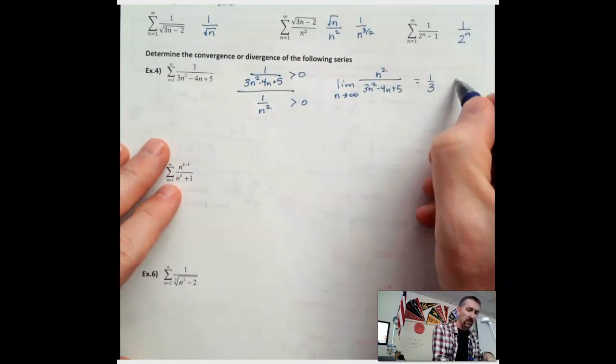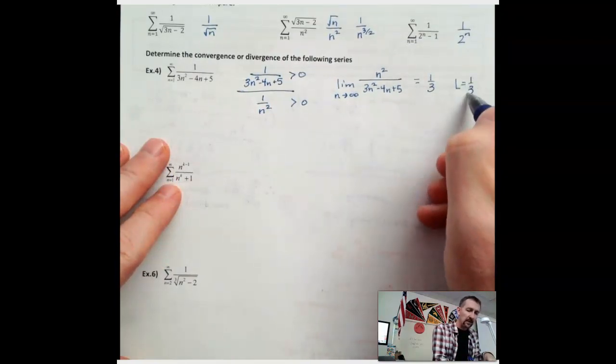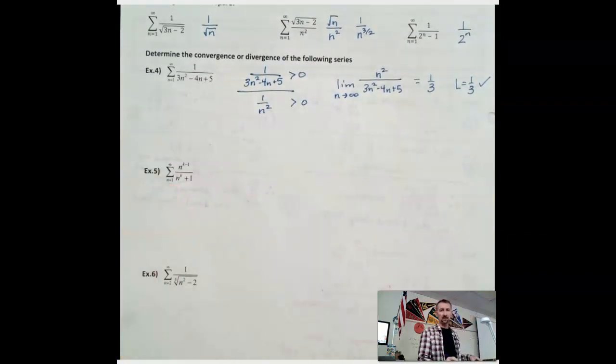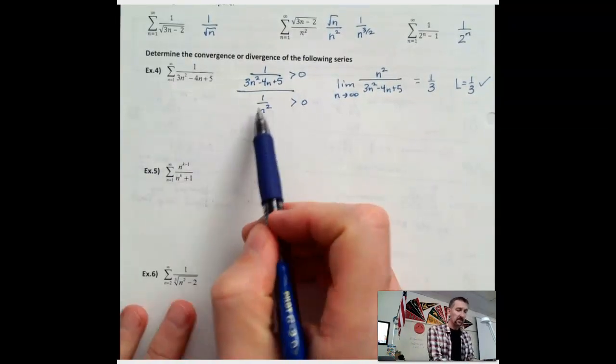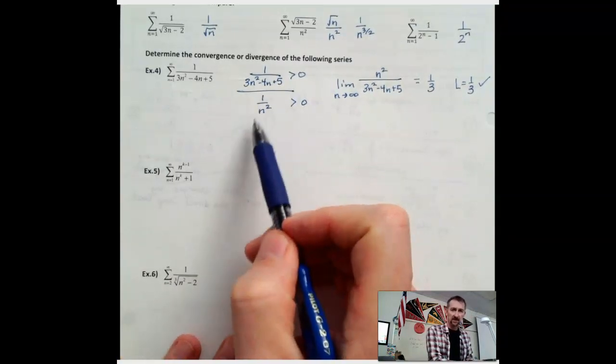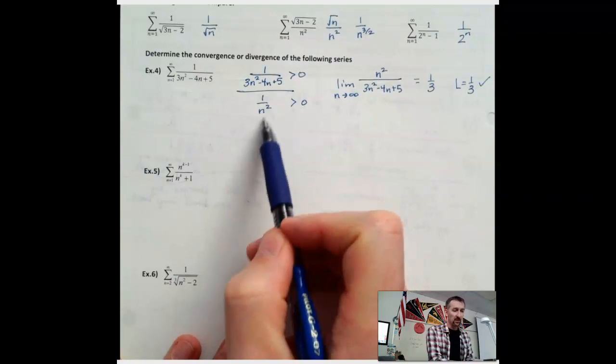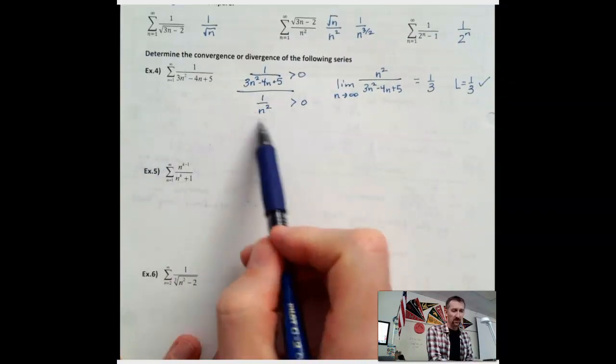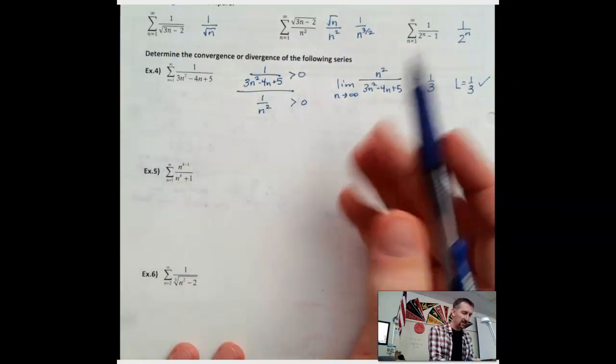So L equals 1/3. So that does have a limit, and both of those are greater than 0. Now we focus on this one, because if either one of these converges, then they both do, or if either one diverges, then they both do. That's why we compared it to something simple, and we're going to test that.